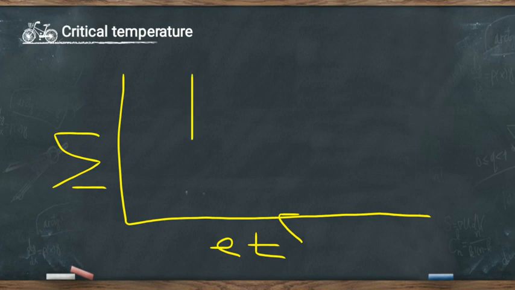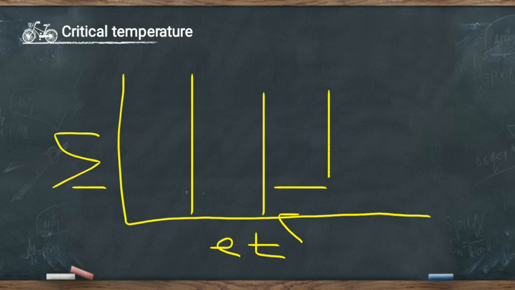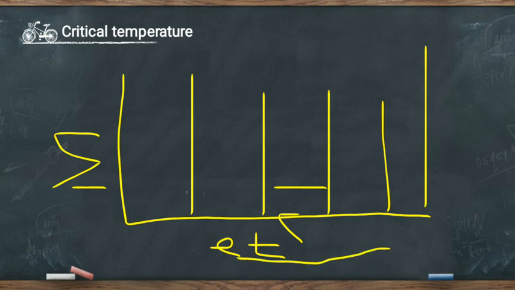At first, this is what we call the efficient range. Efficient range is the range of temperature over which the body's physical mechanisms are capable of maintaining a constant body temperature. It is here, this one. It is what we call the efficient range.